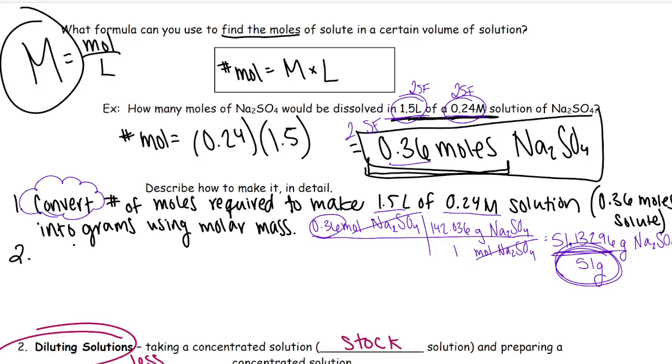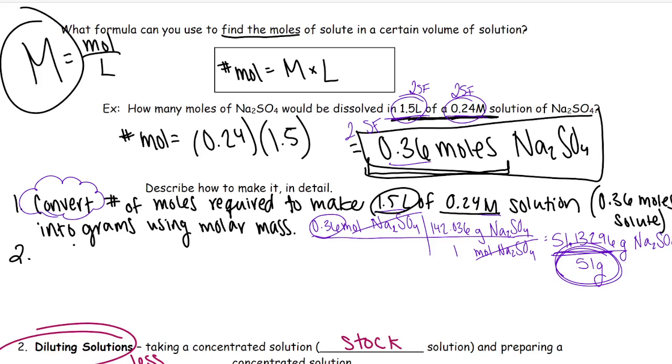My question is, what would you do next? If I gave you a task and said, I want you to make me 1.5 liters of a 0.24 molar solution, you have all the supplies available to you. Every single piece of equipment that we've ever used in chemistry class, you have at your disposal. How are you going to make this solution?